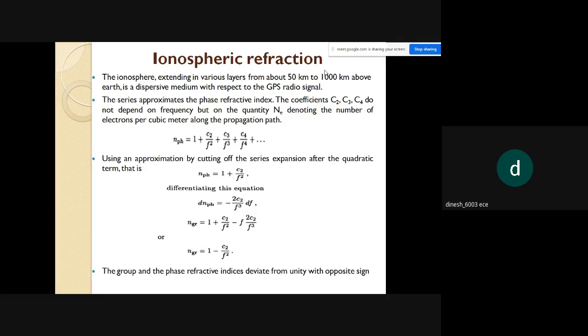And when we differentiate this, we get d n_ph equals minus 2 c2 f cube into df. And for this approximation of quadratic term, we get the group velocity as 1 plus c2 divided by f2 minus 2 c2 divided by f3.